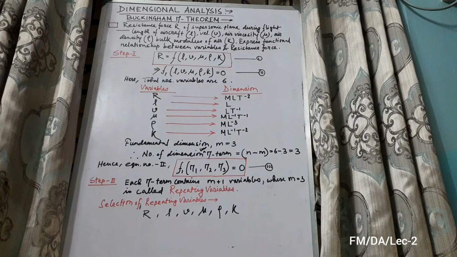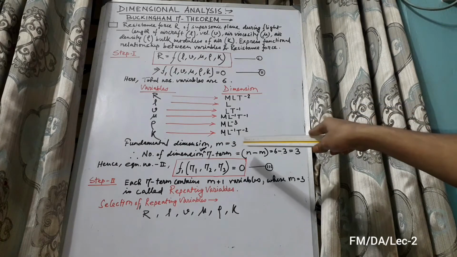Now we will proceed to step 2. In this step 2, our main agenda is the selection of repeating variables. In step 2, each pi term contains m plus 1 variables.